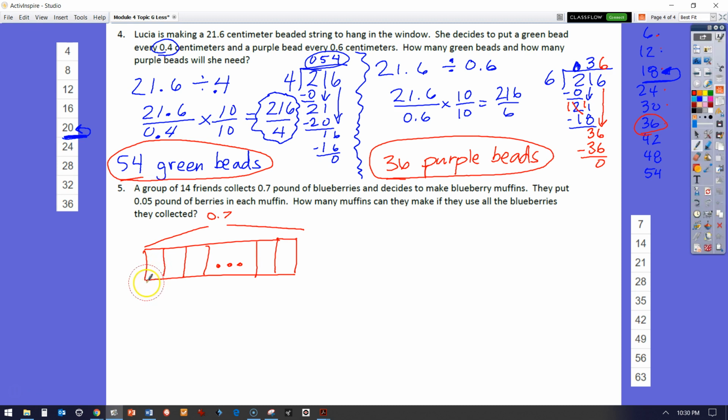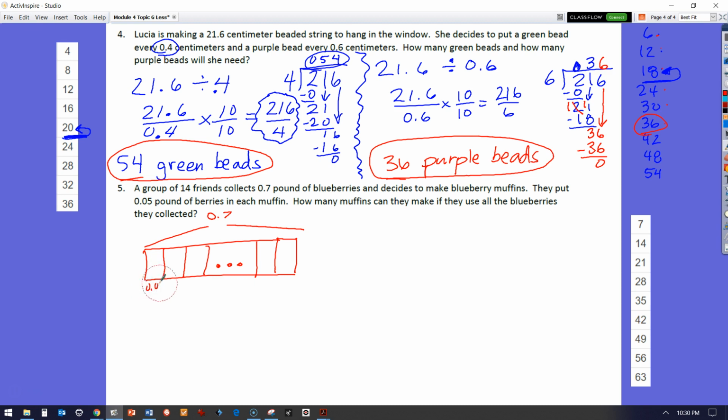So each one of these is going to be equal to 5/100ths. Right? 5/100ths, 5/100ths, 5/100ths, and that's going to be all the way up until we get to the last one, which is also 5/100ths of a pound. So we're saying 7/10 of a pound divided into 5/100ths of a pound.